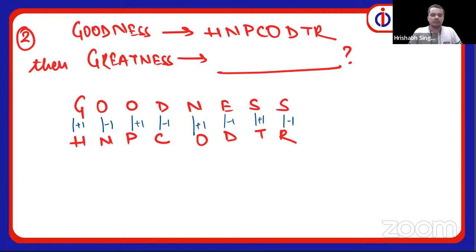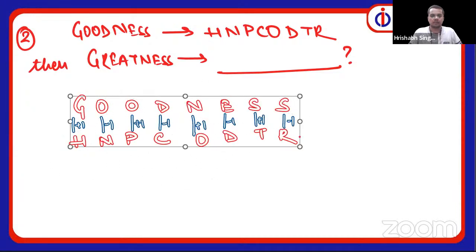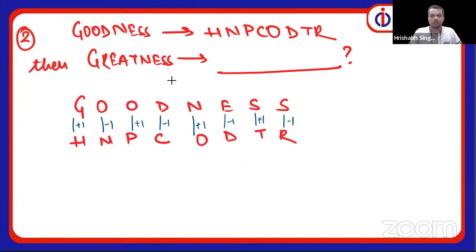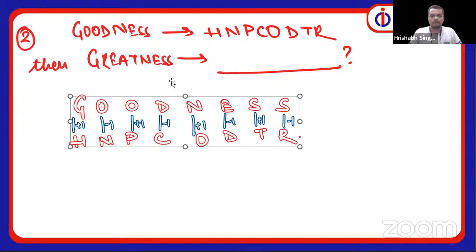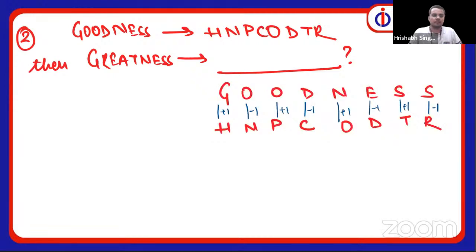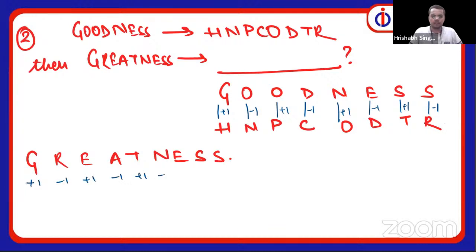Similarly, let's talk about greatness. It will be plus 1, minus 1, plus 1, minus 1, plus 1, minus 1, plus 1, minus 1, plus 1.